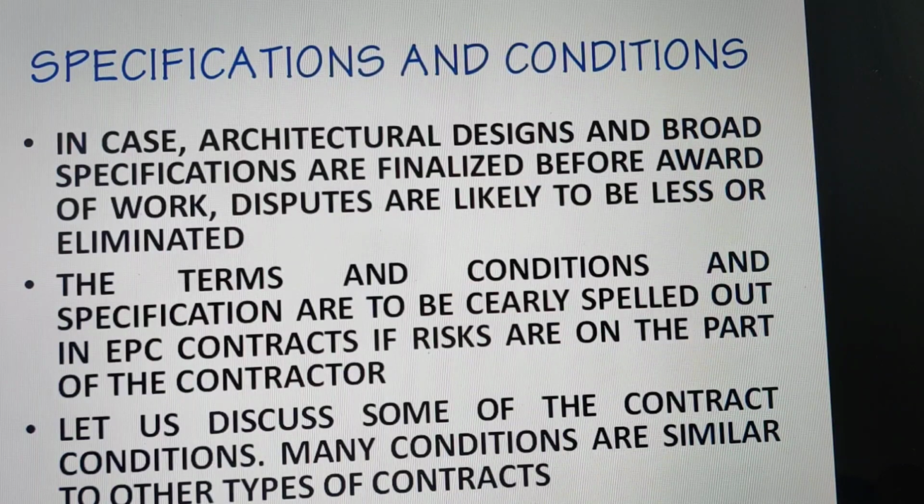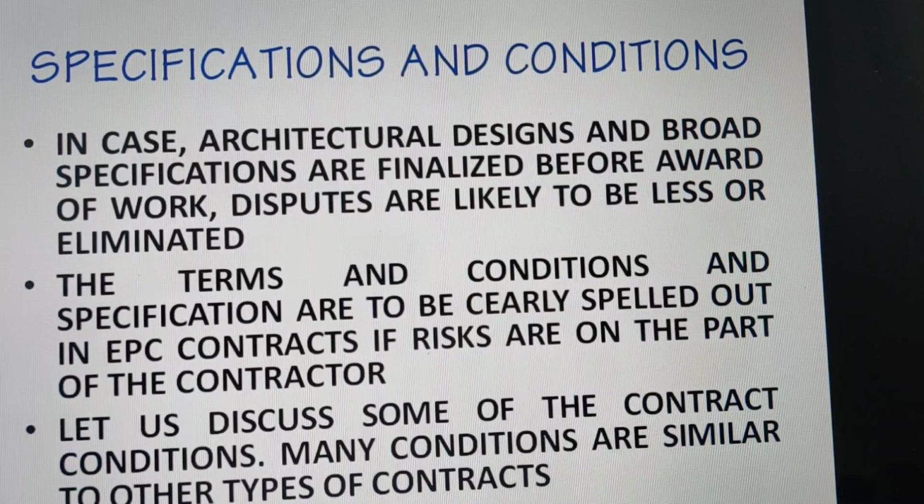Let us talk about the specifications and conditions. In case architectural design and broad specifications are finalized before award of work, disputes are likely to be less or eliminated. The terms and conditions and specifications are to be clearly spelled out in EPC contract, and if risks are on the part of contractor.